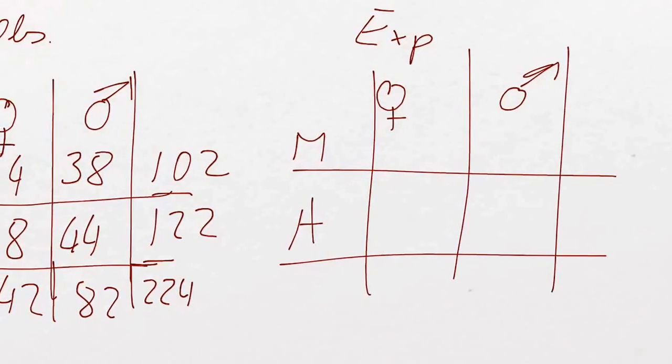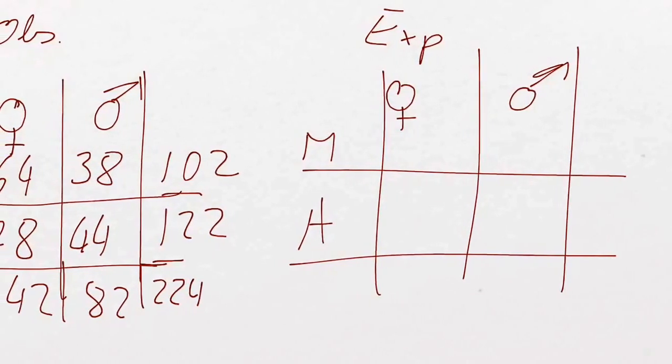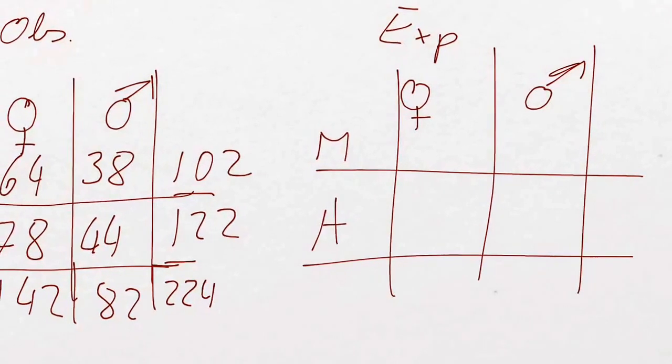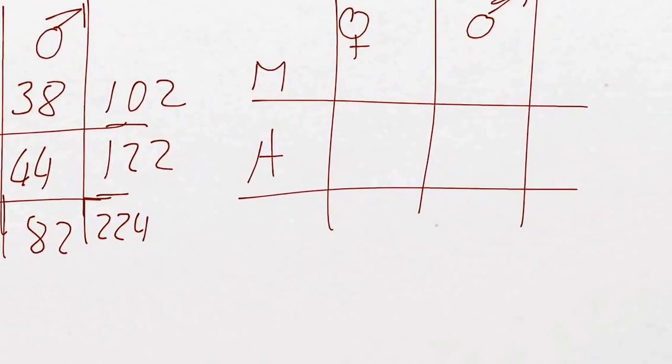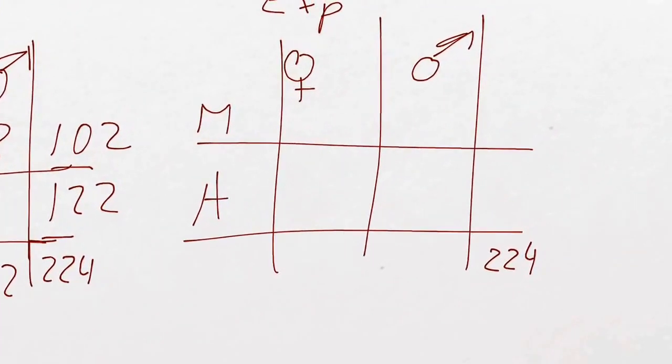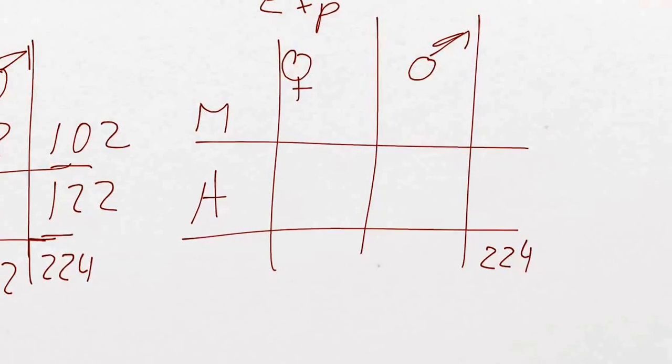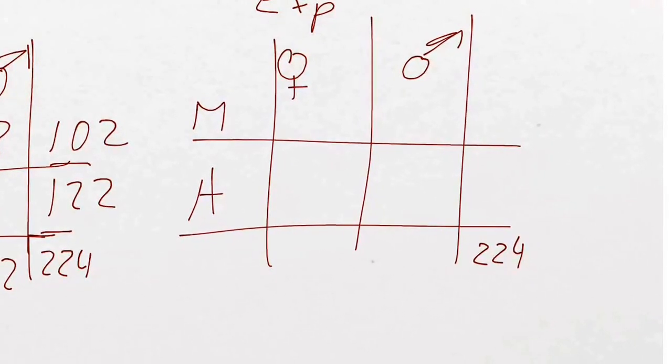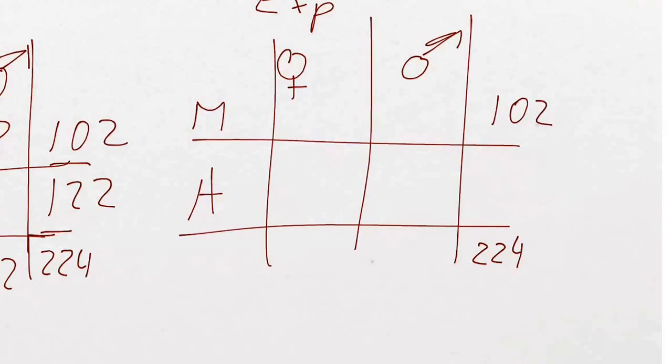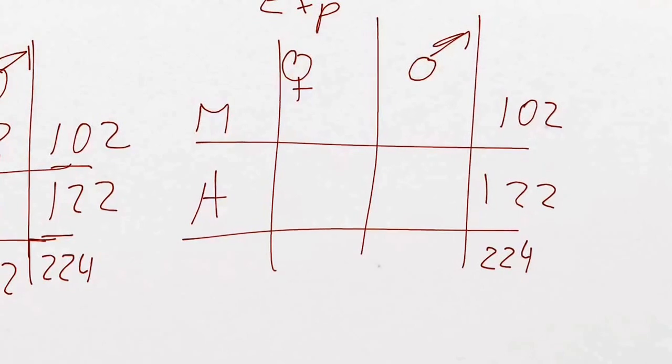But how on earth do we calculate that? Well, obviously, we can't change our margins. We know that we had 102 students in the morning, and we had 122 students in the afternoon.